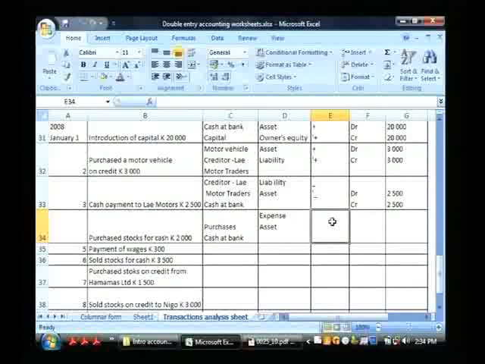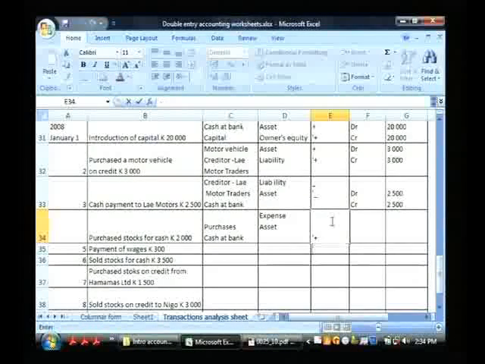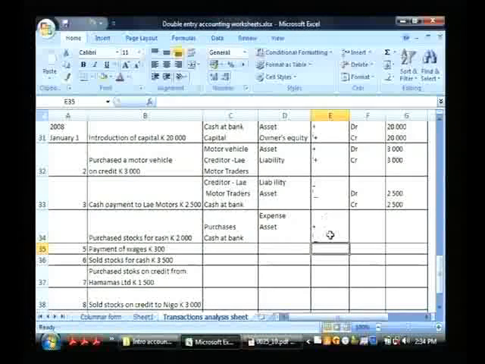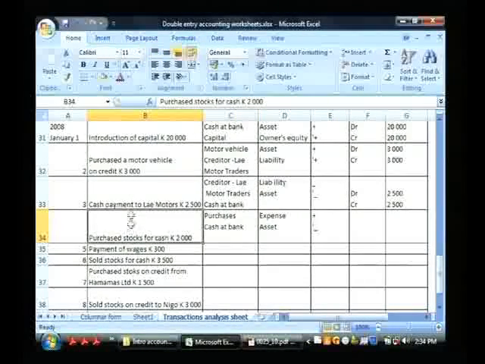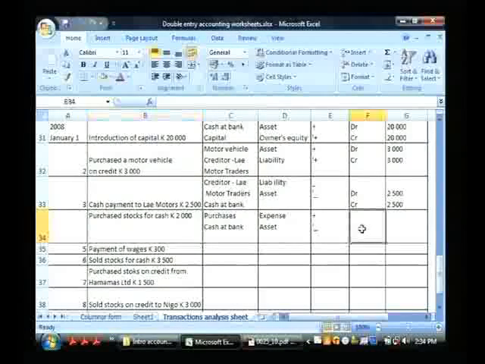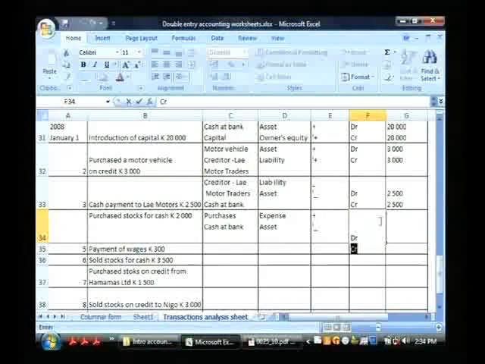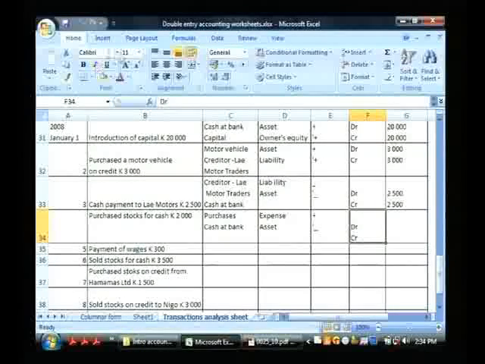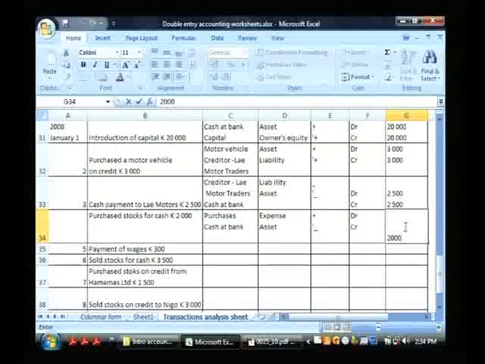Expense increased, and asset decreased. Increase of expense, debit, and decrease of asset, credit. Amount 2,000.